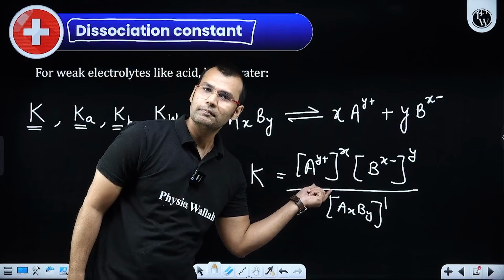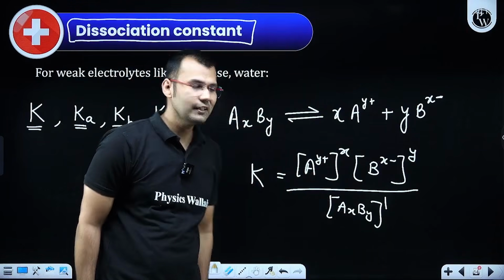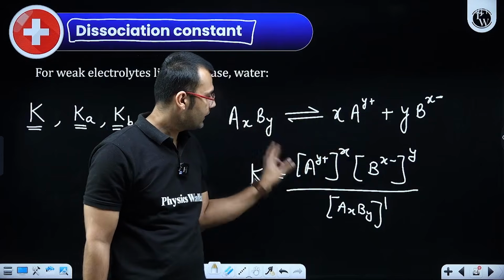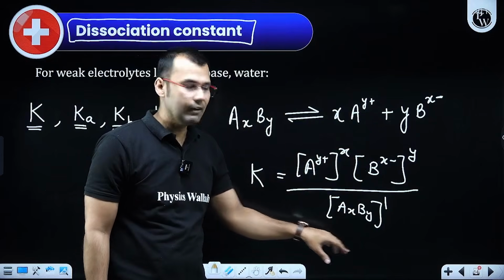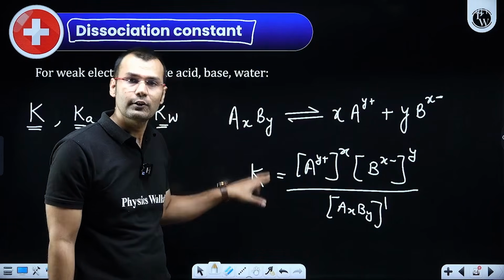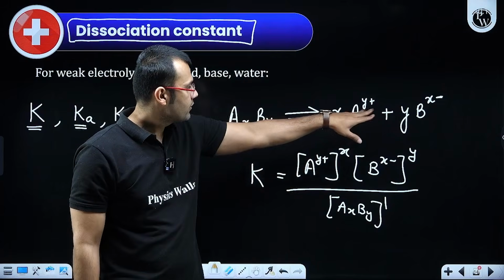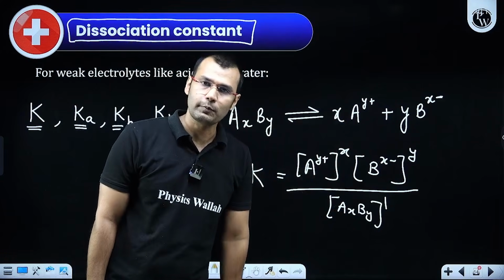Isn't it the same? When you calculate an equilibrium constant, you say concentration of product upon reactant raised to the power of the coefficient. And when you calculate a dissociation constant, you do the same thing, concentration of product upon reactant raised to the power of the stoichiometric coefficient.